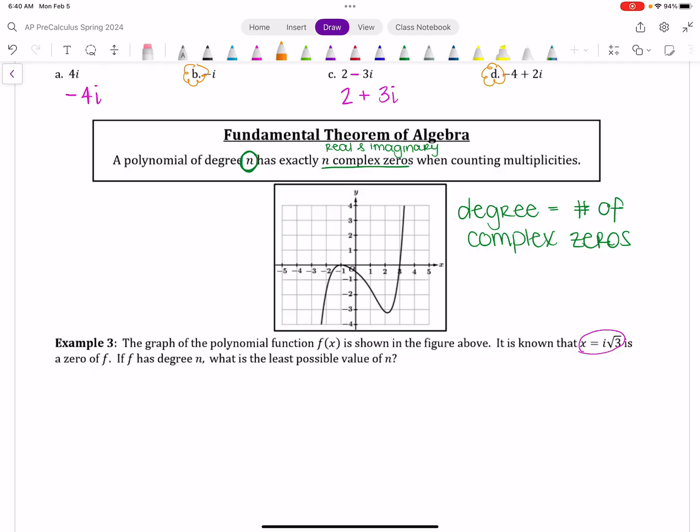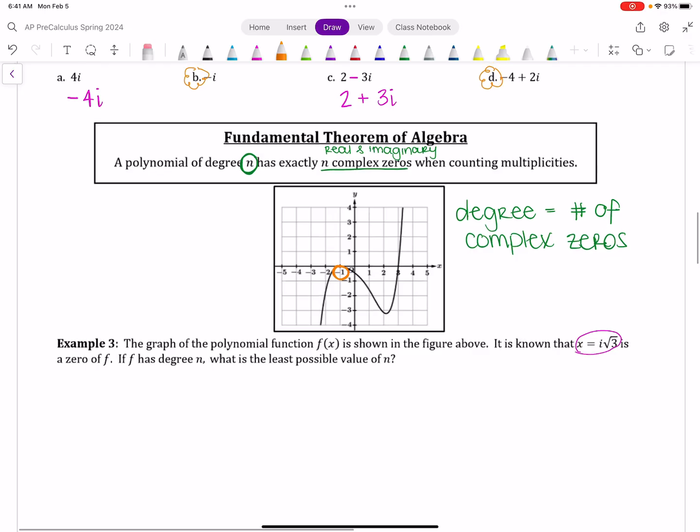So if we look at our graph, we can see that we have a zero at -1, which has to have a multiplicity of 2, or an even multiplicity, because it bounces off.